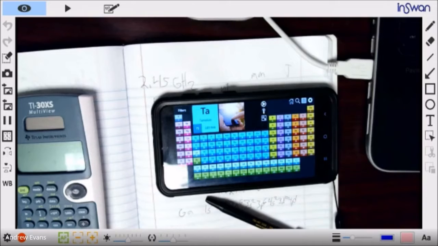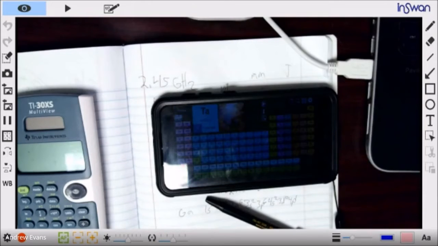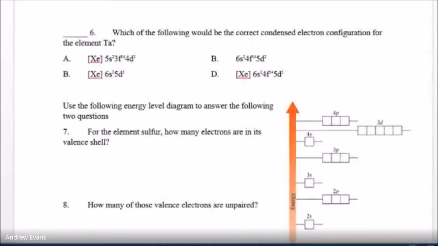So you should have 6s2, 4f14, 5d3. So correct answer is D.